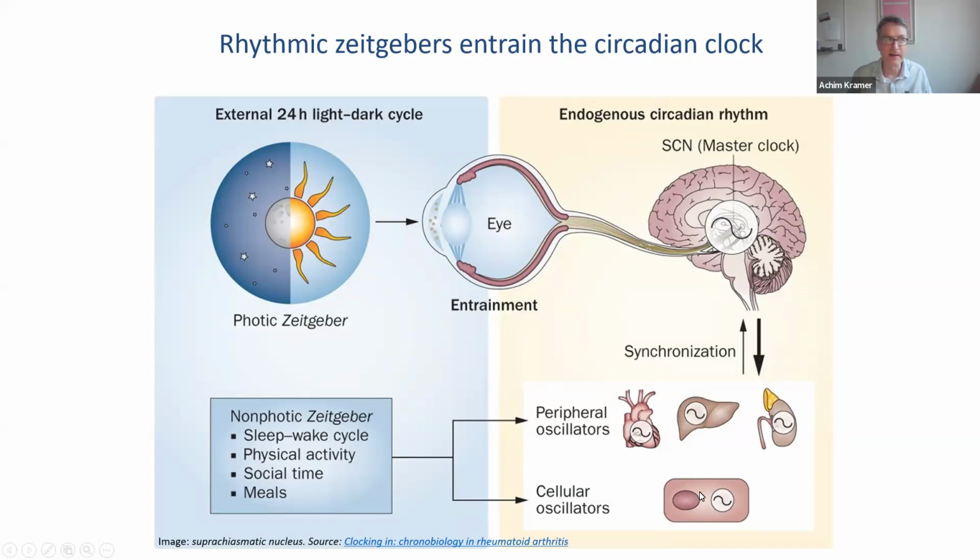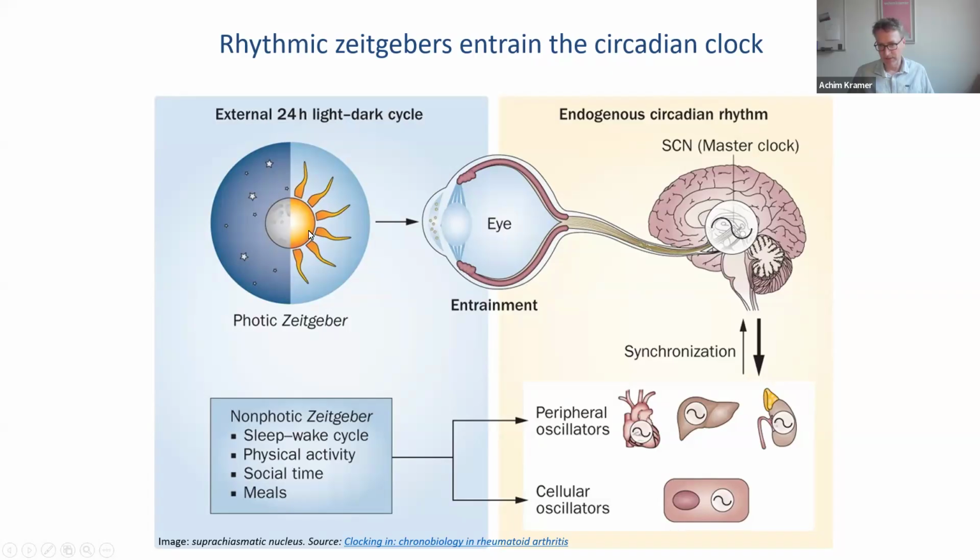The kidney, the lung, hair follicles, blood cells, and so on. These two oscillators, the external 24-hour oscillator and the endogenous circadian oscillator, by the way, this word comes from circadian, meaning approximately 1 day, just saying that the period of this clock is not perfectly 24 hours.